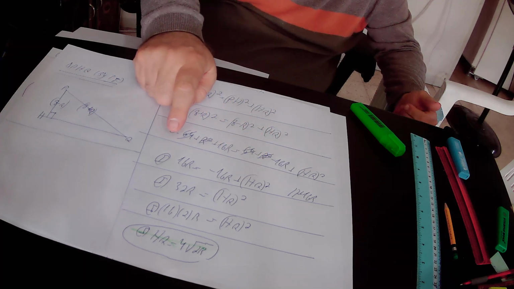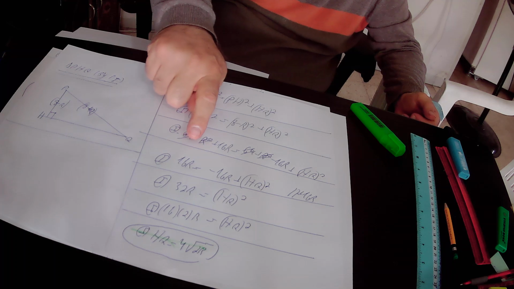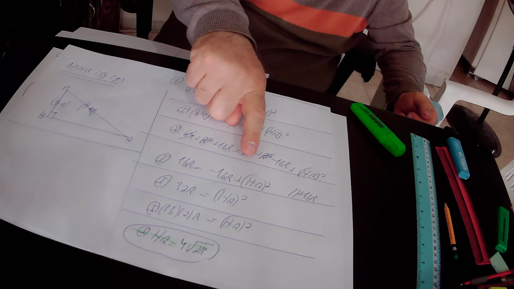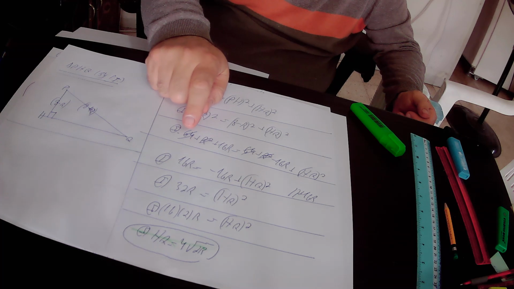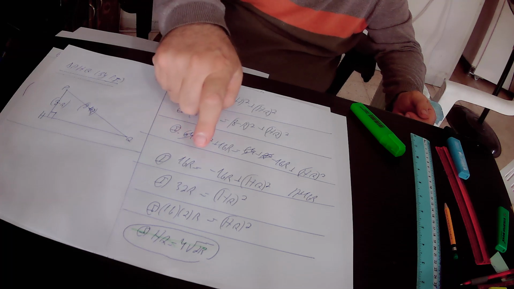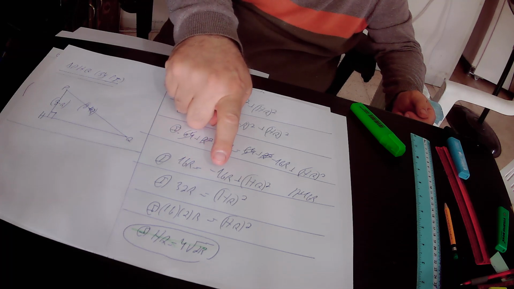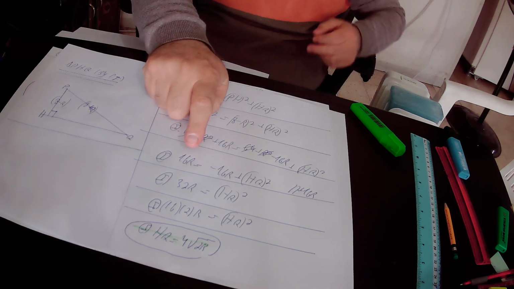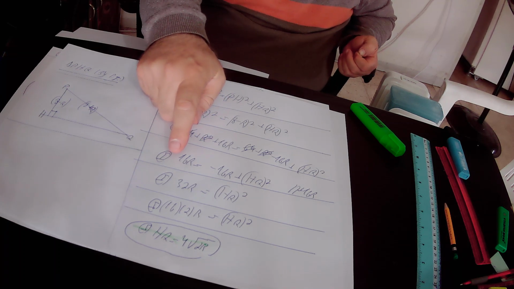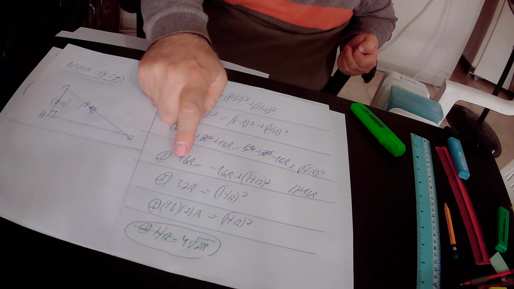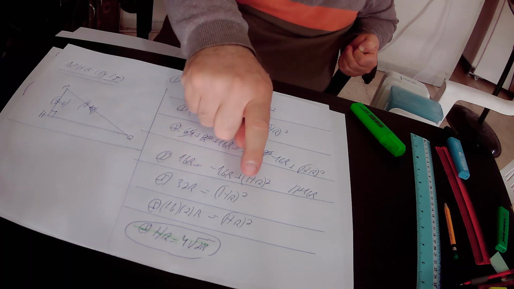So according to equation 1, 16r equals minus 16r plus HQ squared. Moving the 16r across, we find that 16r plus 16r is 32r, so 32r equals HQ squared. Here we substitute 32 by 2 times 16, so 32r is 16 times 2r, that is equal to HQ squared.